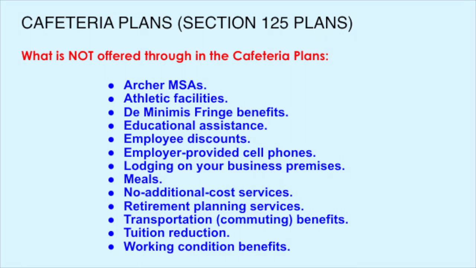That means that the employee cannot make pre-tax contributions towards any of these benefits. And if the employer is contributing towards these benefits for the benefit of the employee, then that may result in taxable income to the employee.